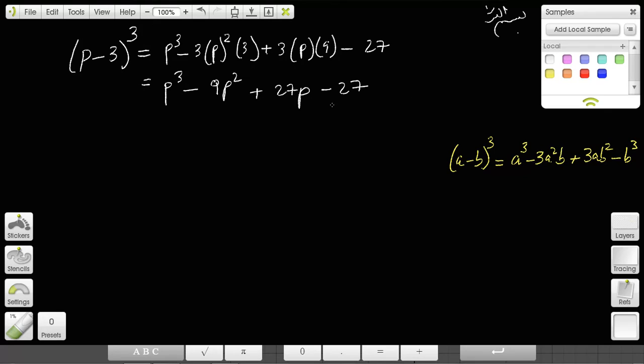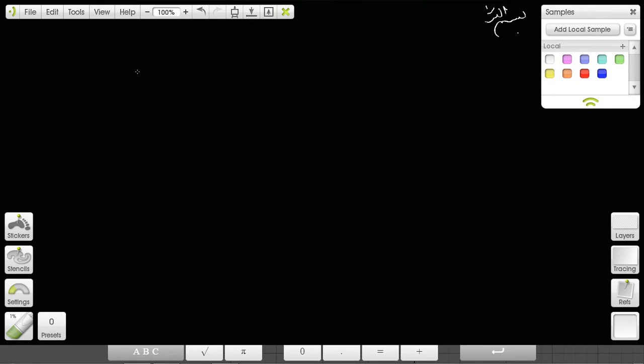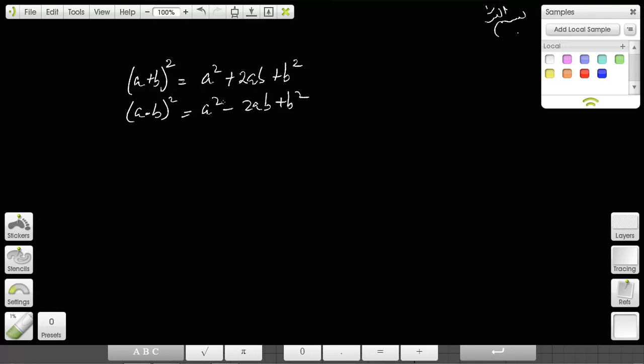So these are 3 special cases. Let me just write all of them together. This is the binomial squared: a squared plus 2ab plus b squared, and the binomial squared: a squared minus 2ab plus b squared, and then (a plus b) times (a minus b), that's a squared minus b squared.